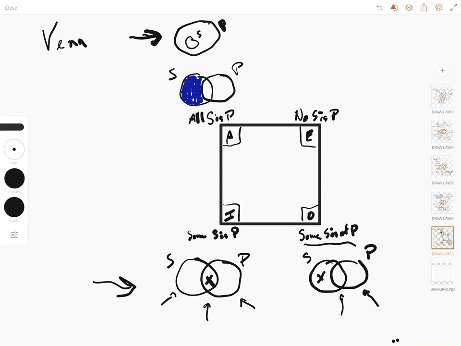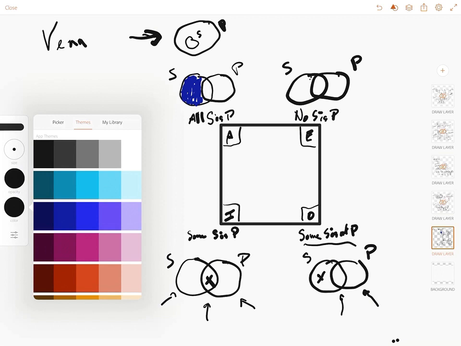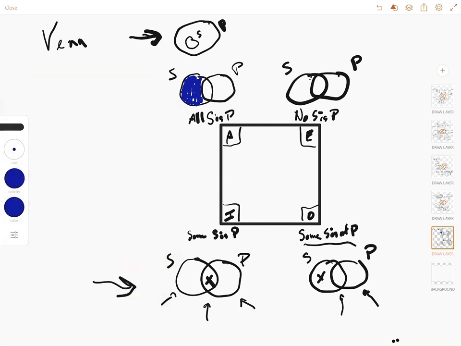Okay, so how's this going to work for the universal negative? Well, we're going to start with the standard empty schema, not very well drawn. In this case, we'll go back to blue, we're going to shade the region in the middle here to indicate that there are no S's that are also P's, which is exactly what the proposition claims.